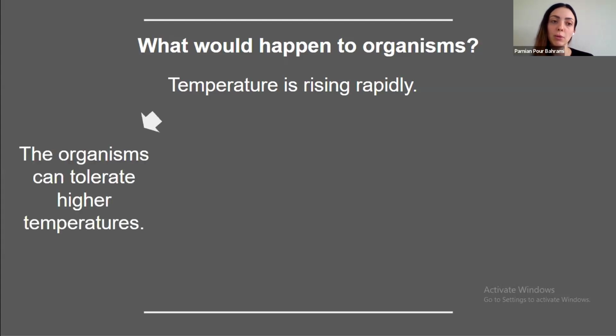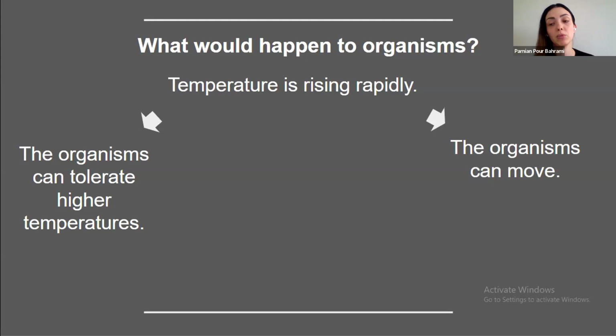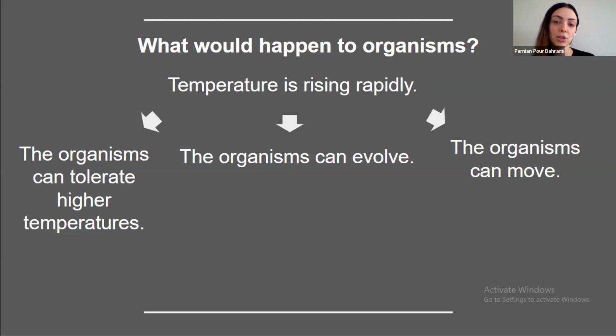Maybe some organisms can tolerate higher temperature, or maybe some can move to a more appropriate environment. If organisms can tolerate higher temperature or move to another environment for survival, we expect them to evolve, and in the procedure of evolution, they need to fix some mutations.